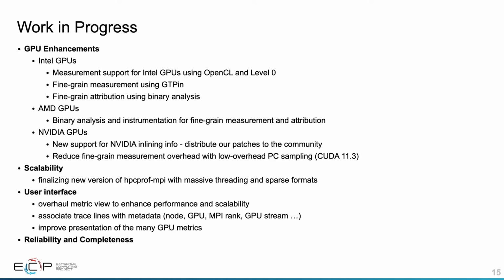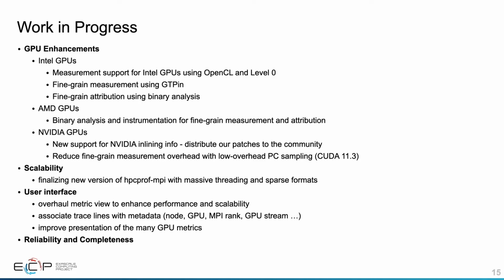We can measure instruction counts using GTPin, but there are some capabilities that have been developed in a branch that also measure things like scalar instructions and vector instructions, and those capabilities are not yet deployed in our master branch. And so we're working to integrate those so that they can be released.